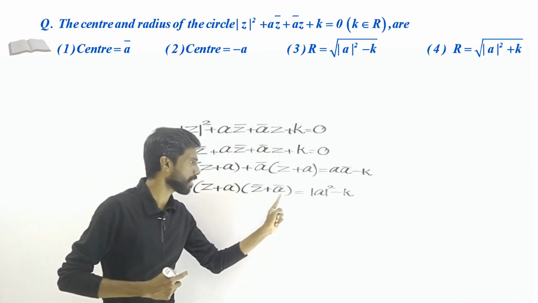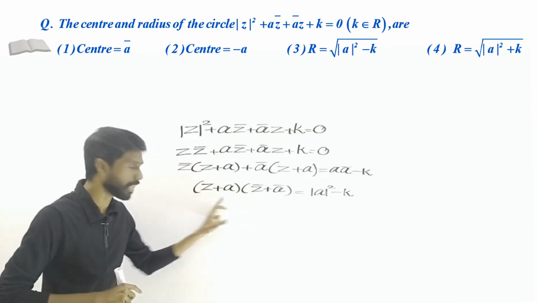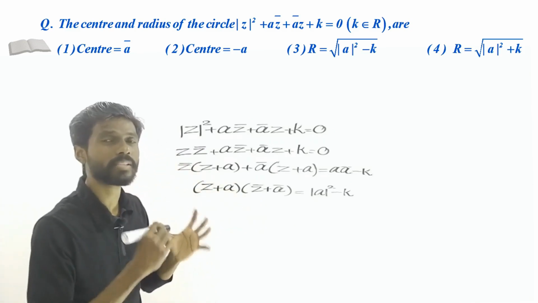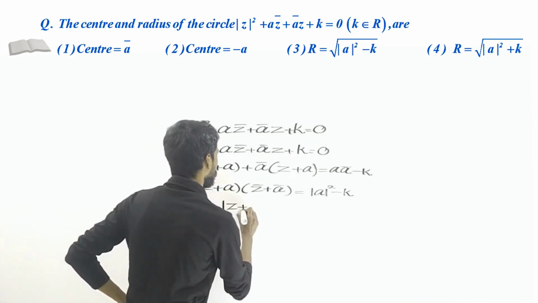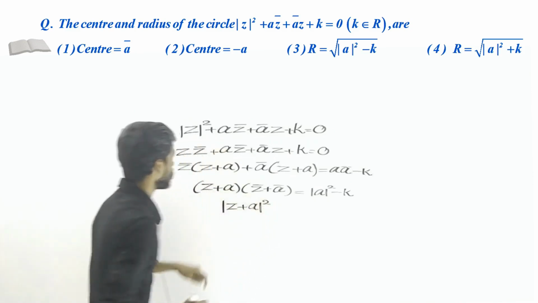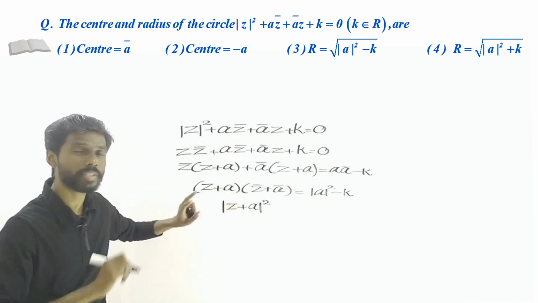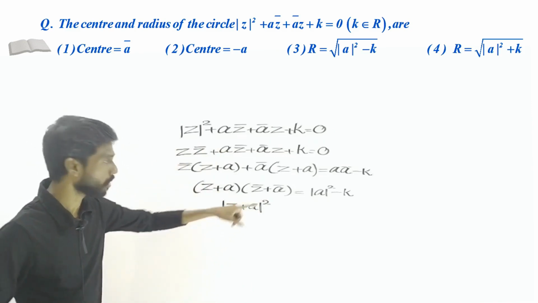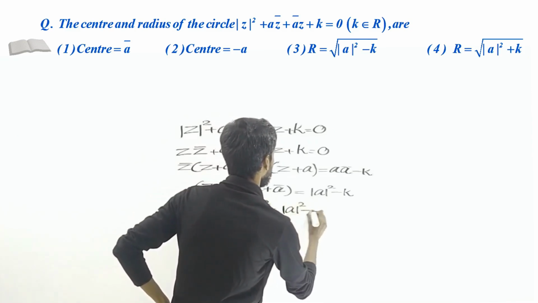We can write it as the conjugate of z plus a. If you multiply a complex number by its conjugate, we get the square of its modulus. The square of modulus of z plus a, right? Same formula we used here also. The square of the modulus is the number multiplied by its conjugate. So that equals modulus of a squared minus k.